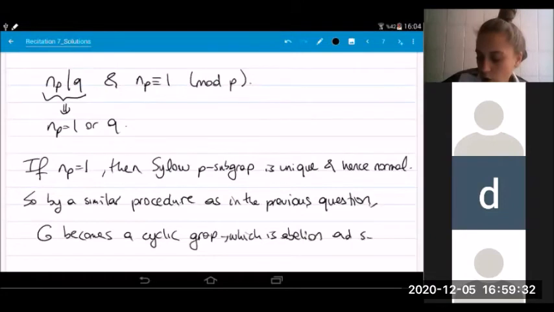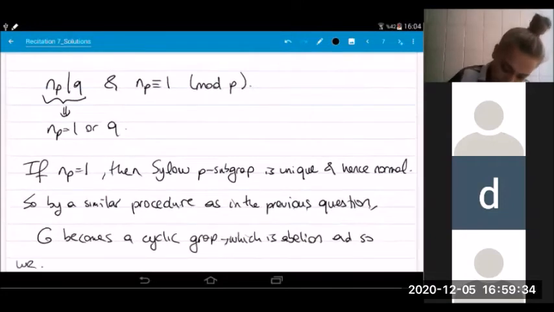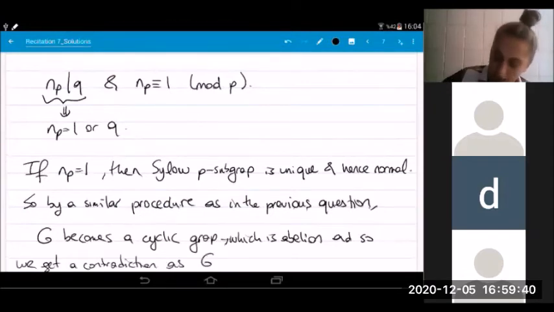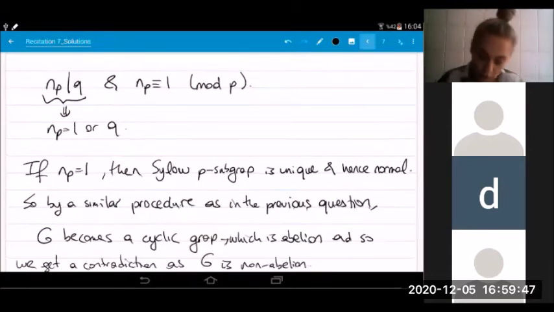And so we get a contradiction, as G is non-abelian. It is given in the question.